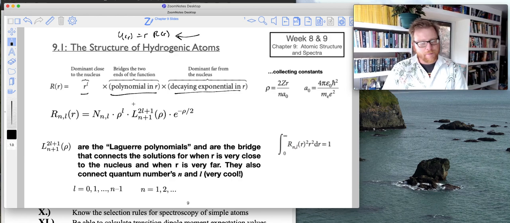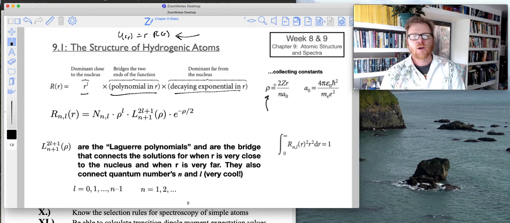We're not going to do it ourselves, but I'm going to present to you the solution. Collecting our constants, A naught is the collection of all of these constants. For convenience, this term rho is used to collect the 2Zr over n a naught, where n has its usual meaning, the quantum number n.